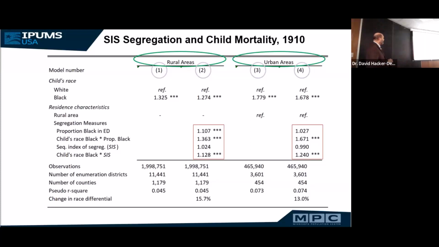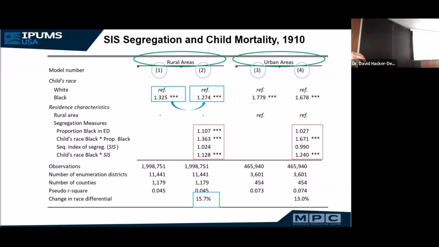Right. The sequence index of segregation here, the odds ratio, is below 1, but the interaction with Black children is again positive, above 1. We're thrilled with these results, kind of what we're thinking we might see.